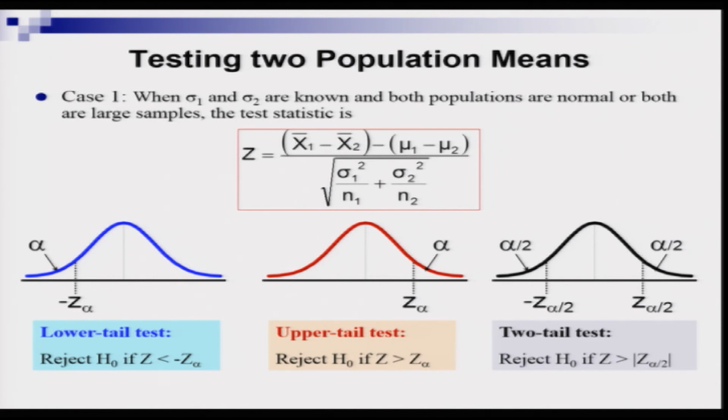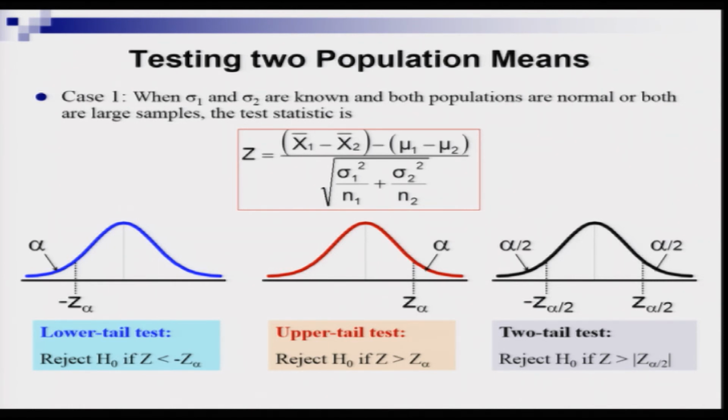So, in other words you can say that you are dealing with large samples. So, that is the case of n greater than 30. In that case you first write the null hypothesis and alternative hypothesis, and after that the next task is to come up with the test statistic.